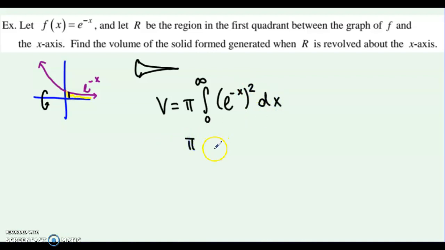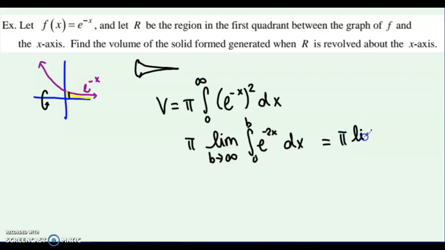So we've got pi. I'm going to change this to a limit. B goes to infinity of the integral from 0 to b of e to the negative 2x, because when it's a power to a power, we multiply. And we're going to integrate that.